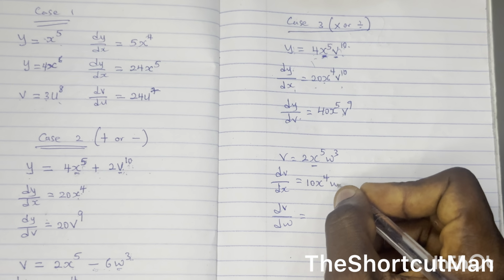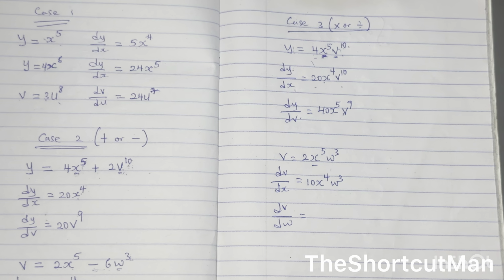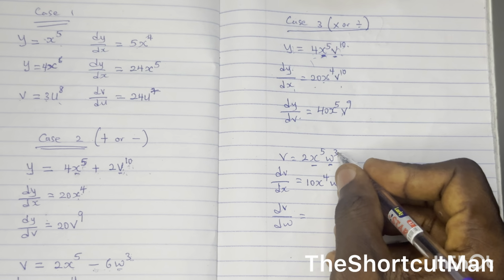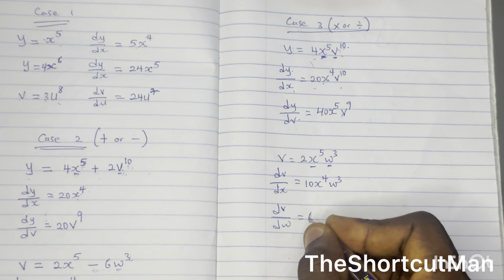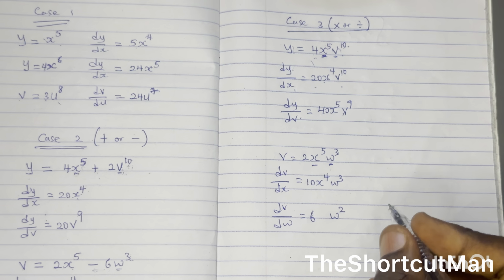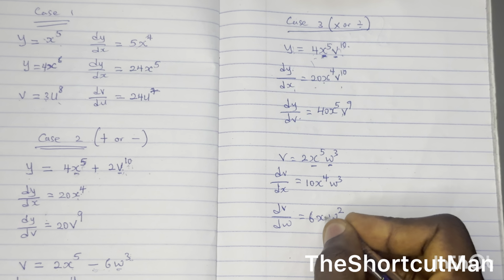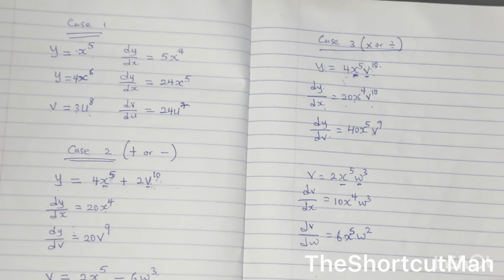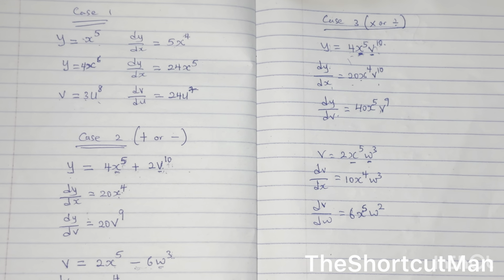But you have to include w without differentiating it, because the sign between them is multiplication. Now dv/dw, our target is w. That will be 3 times 2, that's 6, then w raised to the power 3 minus 1 is 2. After we are done with differentiating w, we include x without differentiating it. So this is the basic knowledge of differentiation.